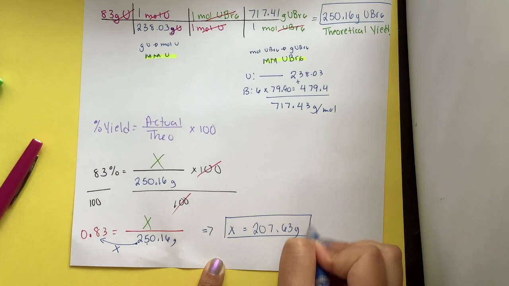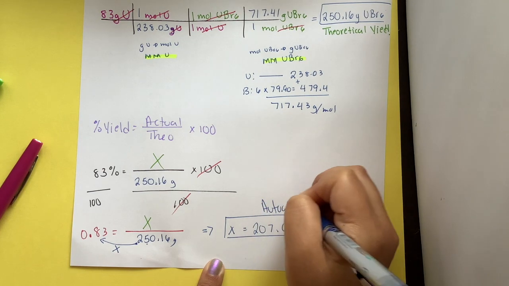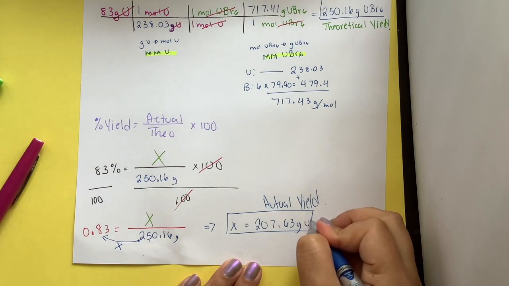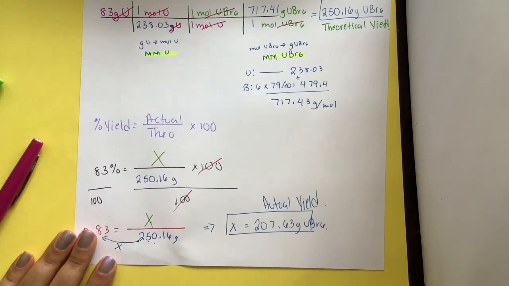And that would be my actual yield. And that's my final answer, grams of UBr6. So remember that here my last step was to isolate X. Since X was being divided by the number, I multiply both sides by that number. So that is my actual yield. That was my theoretical yield.